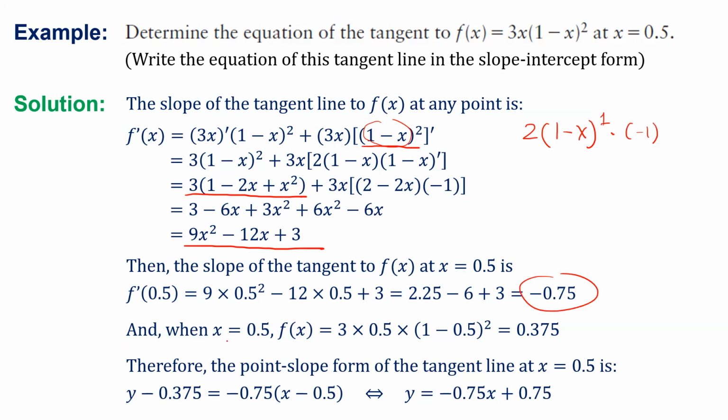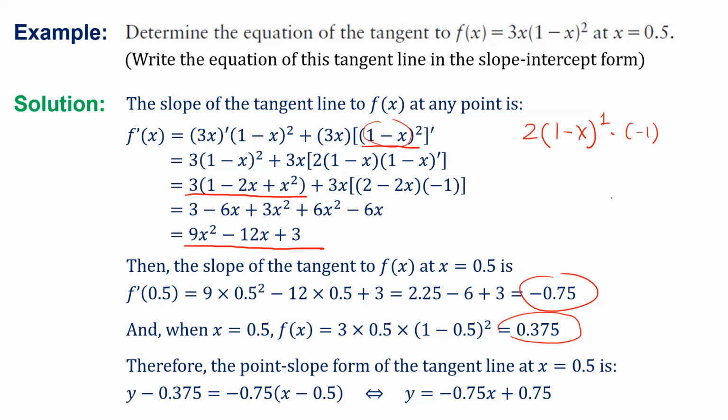Then we evaluate when x equals 0.5, the value of this function f(x) equals 0.375. Then we know the point slope form of the tangent line at x equals 0.5 is y minus 0.375 equals negative 0.75 times x minus 0.5.